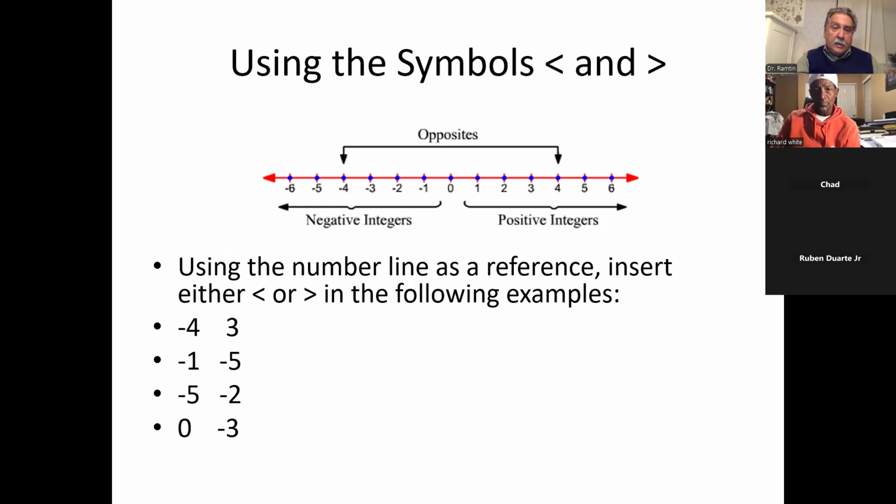For example, if I ask you what the absolute value of -4 is, it is 4. It just shows the distance of that number to 0. If I ask what is the absolute value of positive 4, again, it's 4, because that only shows the distance between that number and 0.